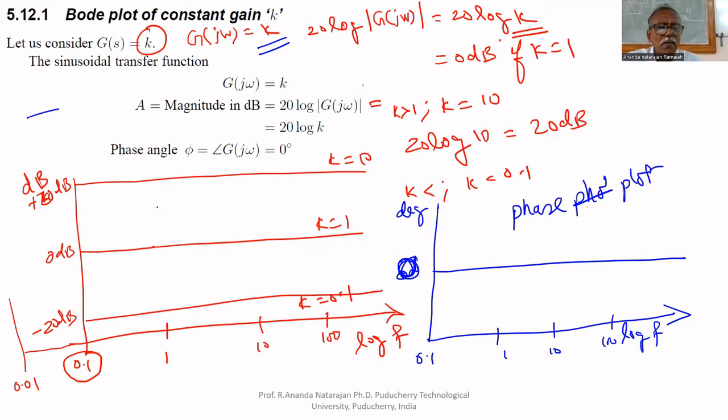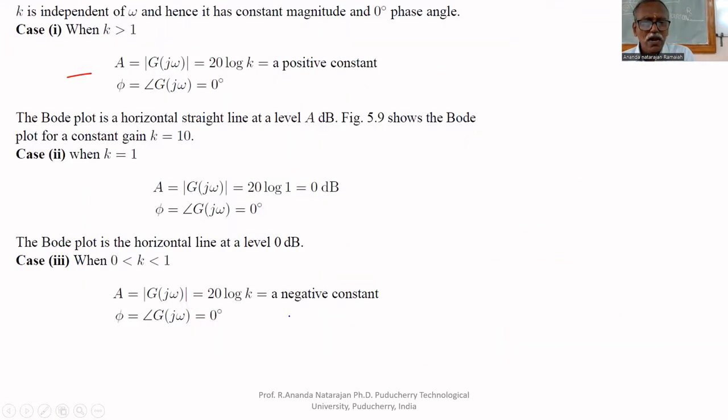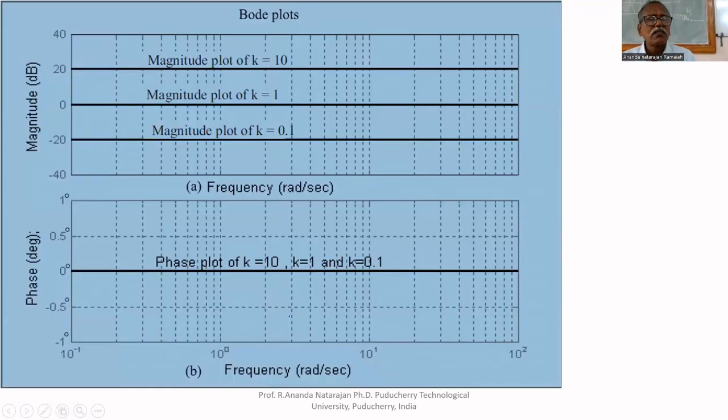This is the magnitude plot for k equal to 10, k equal to 1, k equal to 0.1. And for the phase plot, whether k is 10, 1 or 0.1, the phase plot is the same.